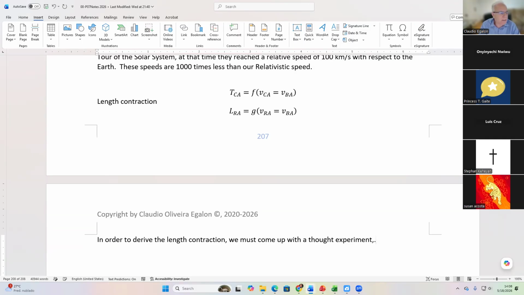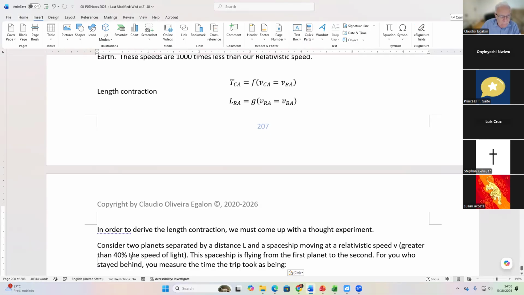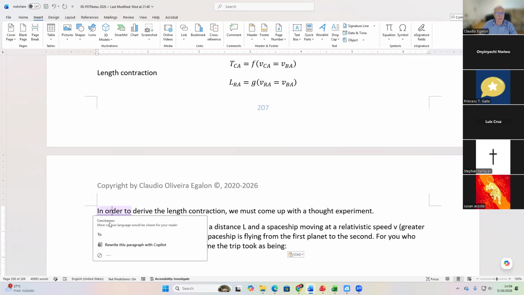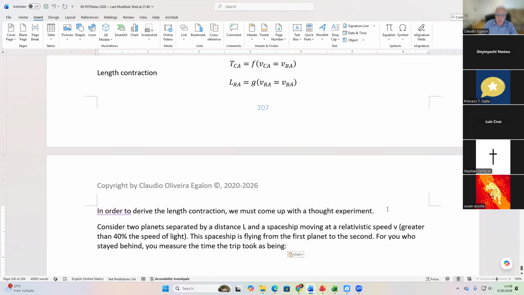And by the way, that's something that Einstein used to do, to visualize his complicated effects. Okay, and consider two planets separated by a distance L.